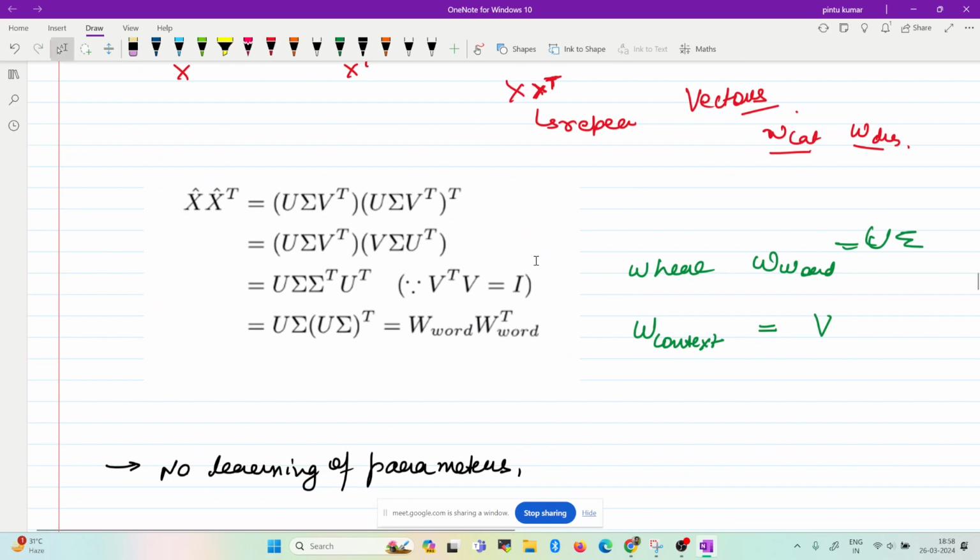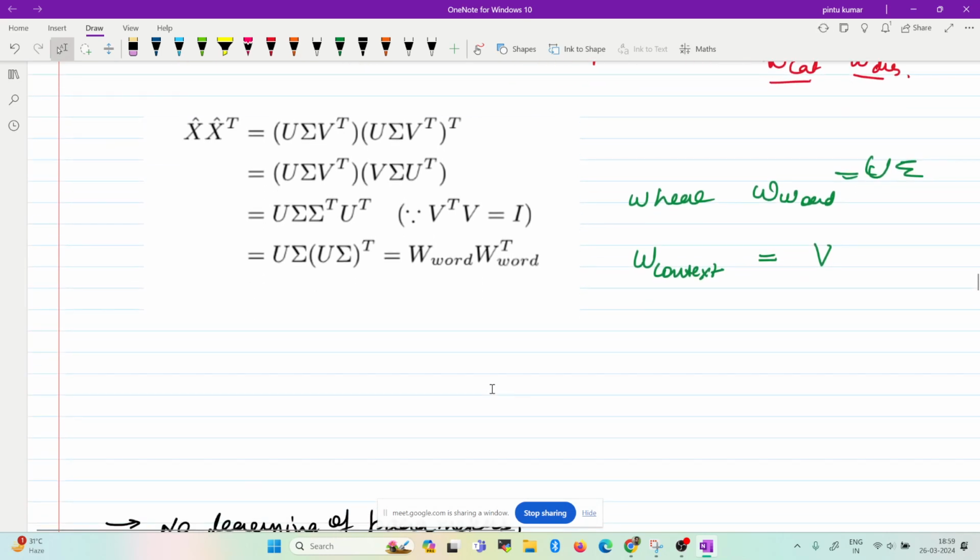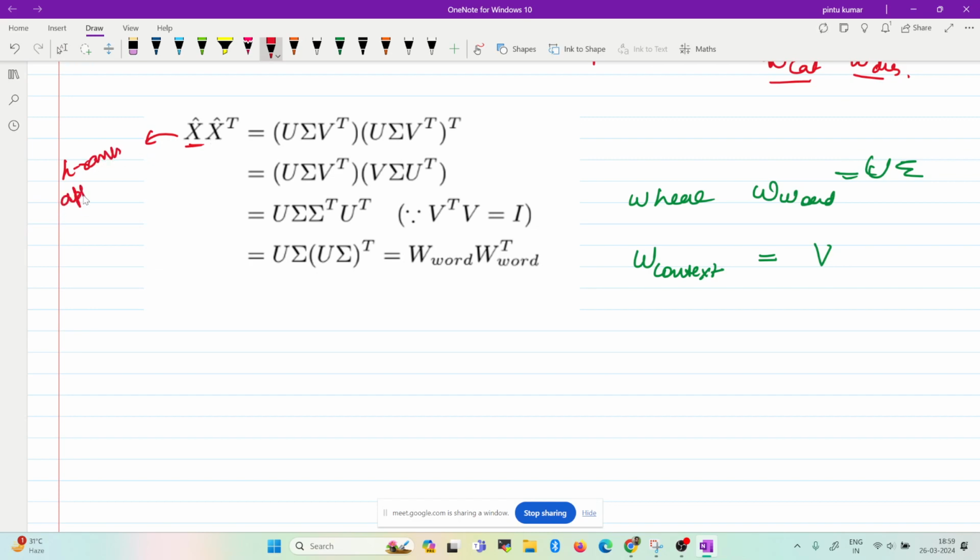So now what was suggested is, let's say this X hat represents your rank K approximation of X. It can be written as a singular value decomposition for this matrix X hat, and you can rearrange it to obtain this much.